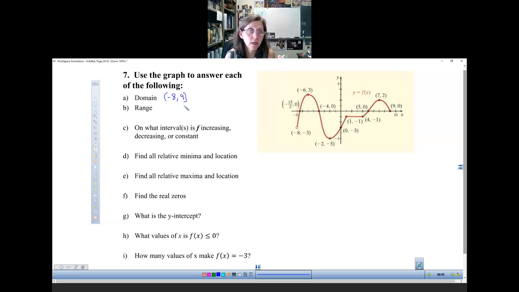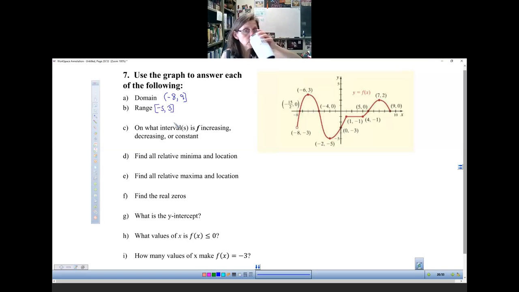Domain can have square though. Range can have square. All right, and in fact, the range is going to go from the y value I first run into, which is at this point. So -5 with a square bracket, 2, and my largest y value is here at a y value of 3.